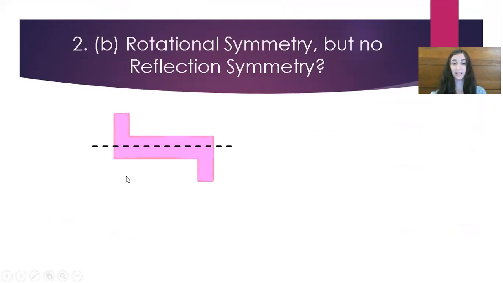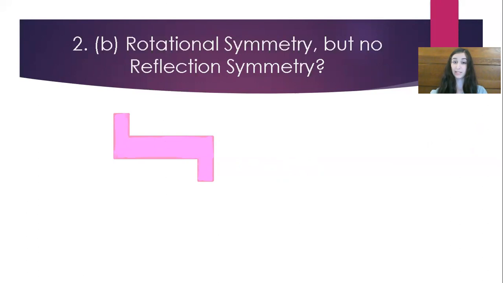This would be down here and that would be up there, so it would not match up perfectly. So we know that it doesn't have reflection symmetry. And even this line, if you were to fold it along this line right here, it still wouldn't meet up perfectly. So we know for sure that this figure does not have reflection symmetry.